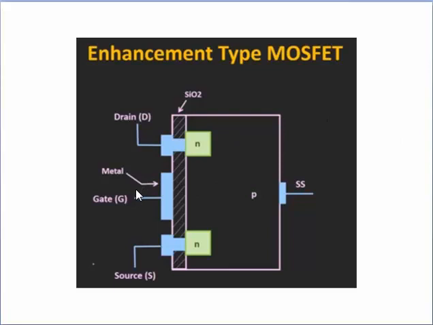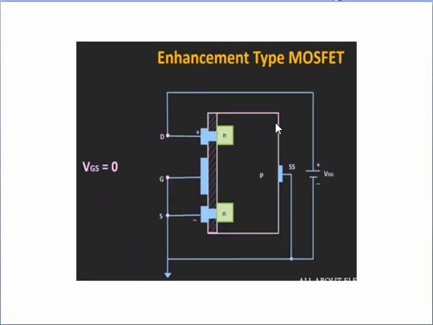Whenever we apply the control voltage between gate and source, that is VGS, if initially VGS is kept 0, and a voltage is applied between the drain and source terminal, then due to the absence of a channel, there will not be any flow of current through this MOSFET. So when VGS is 0, the MOSFET will remain in the off condition, that is, the cut-off state.